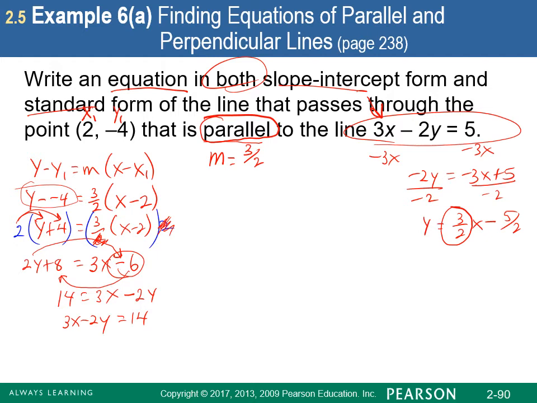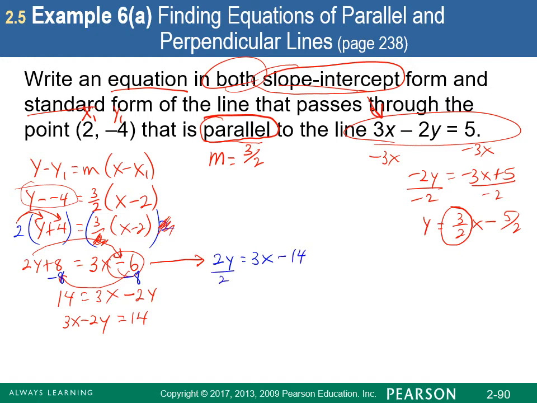However, to get this into the slope-intercept form, we need to solve for the y like we did earlier. If we take this equation and subtract 8 from both sides, we get the 2y and 3x, and -6 and -8 is -14.